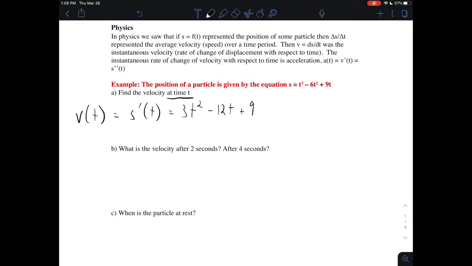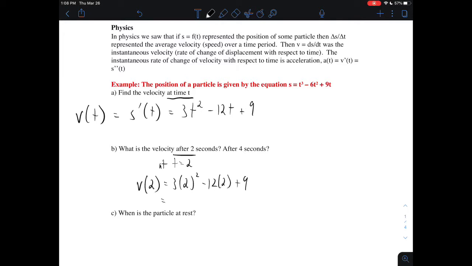Part B says, what is the velocity after 2 seconds? Meaning at time t equal to 2, what is the velocity? That just means evaluate the velocity by plugging in 2 for t, which gives us 3 times 2 squared minus 12 times 2 plus 9.